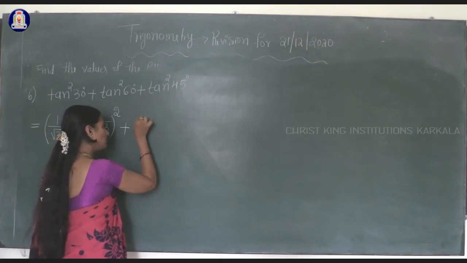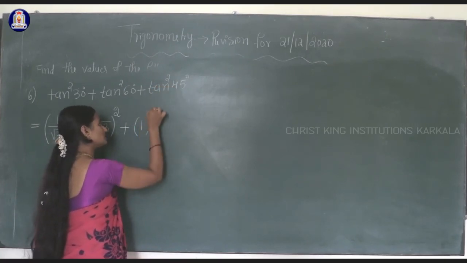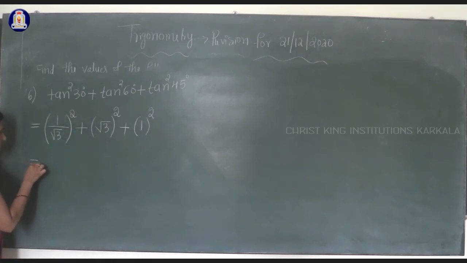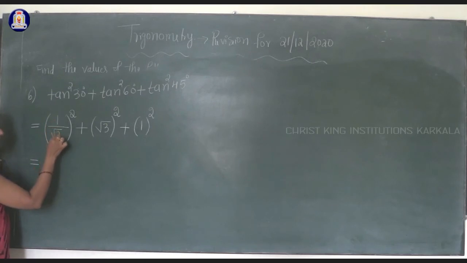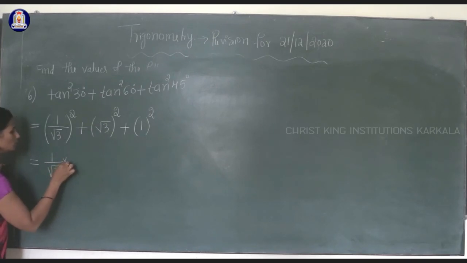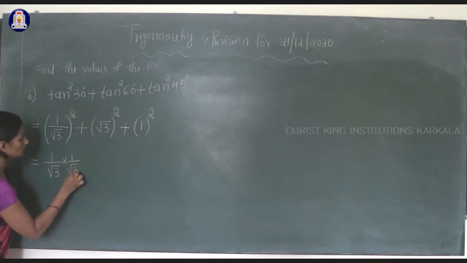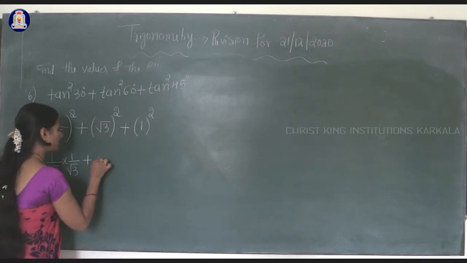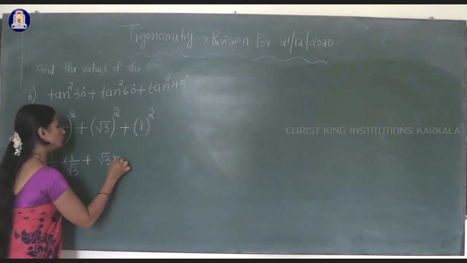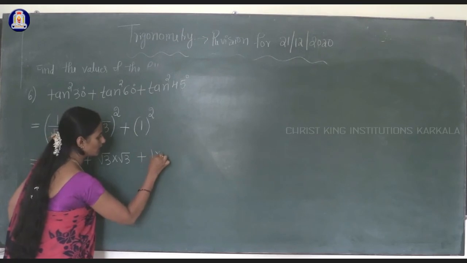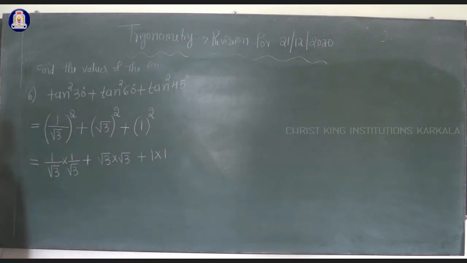Tan 45 is what? 1. So tan square 45 is 1 square. So this is equal to 1 by root 3 whole square, which can be written as 1 by root 3 into 1 by root 3, plus root 3 whole square, which can be written as root 3 into root 3, plus 1 square, which can be written as 1 into 1.